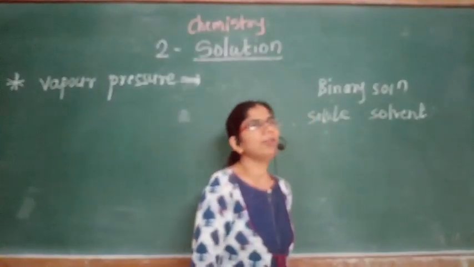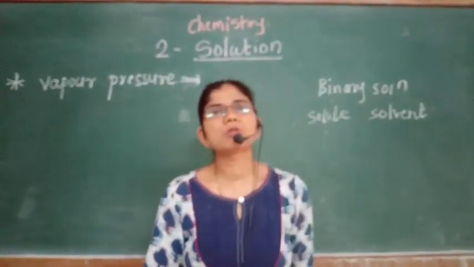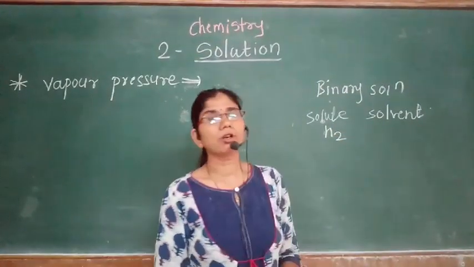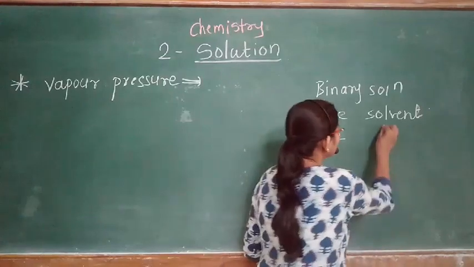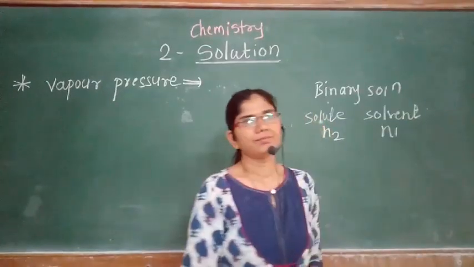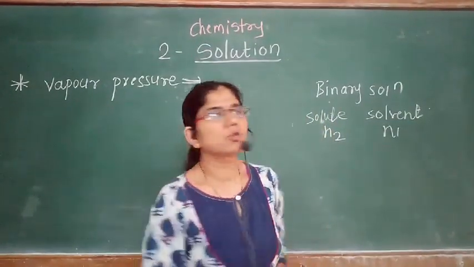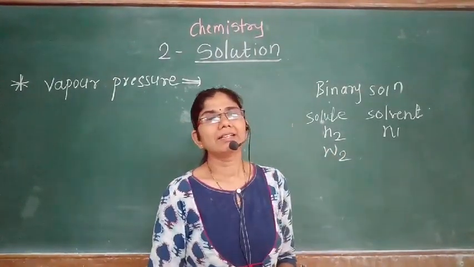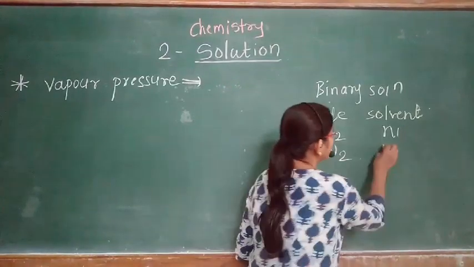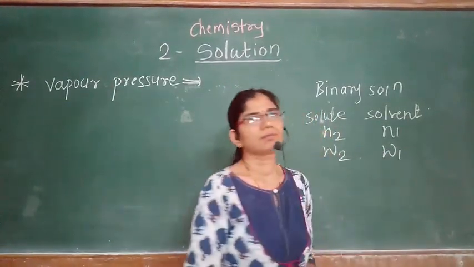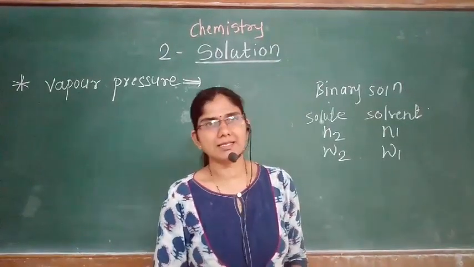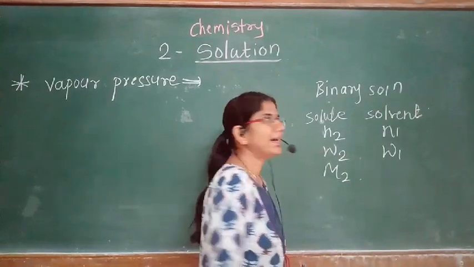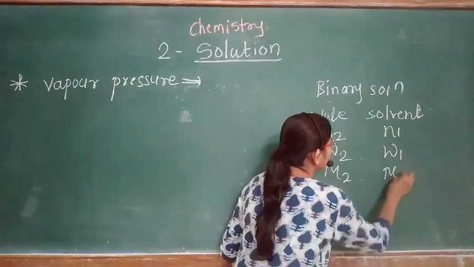The number of moles of solute is denoted by N2, and the number of moles of solvent by N1. The weight of the solute is denoted by W2 and the weight of the solvent by W1. The molar mass of the solute is M2 and that of the solvent is M1.